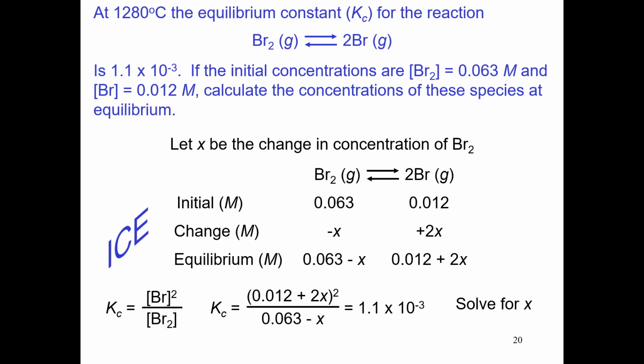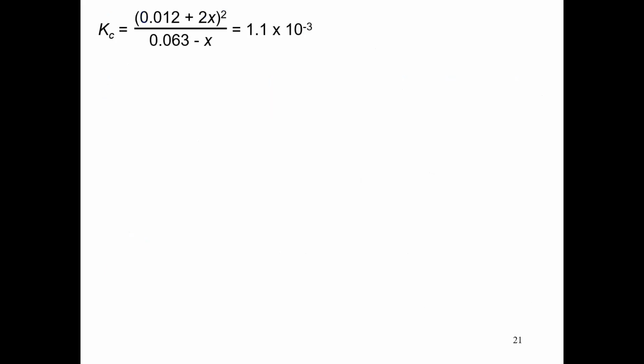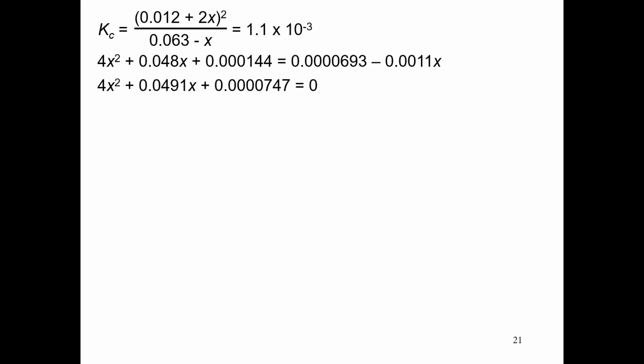Because X is relatively small, you can make some basic assumptions regarding both of them. So let's look at the equation again. You multiply the top one out and then have that equals 0.0693 minus 0.01 like that, 0.011x. You just rearrange the equation.